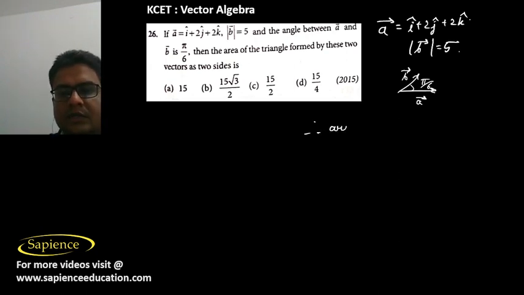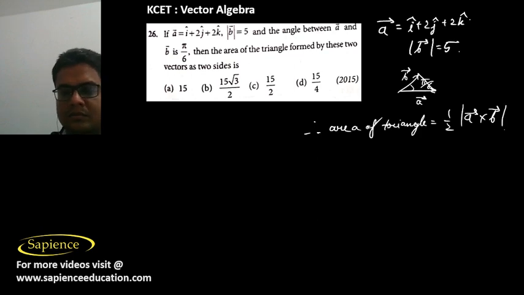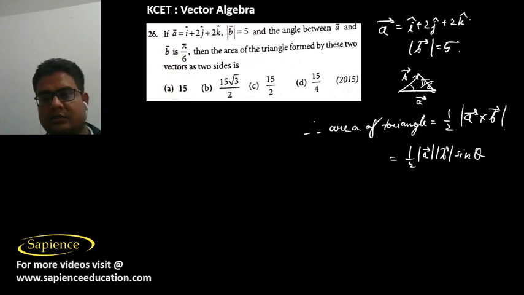Therefore, the area of the triangle formed by these vectors as the two sides will be equal to half of the magnitude of A cross B. This is half into mod A into mod B into sine theta, where theta is the angle in between.